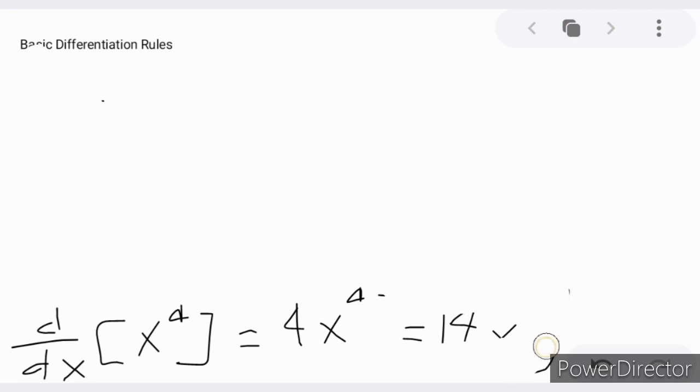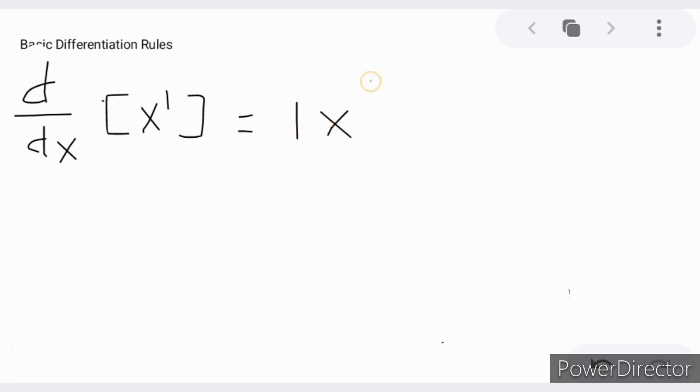Now, let's erase everything and proceed to our next rule. Here we write the convention d over dx, or the derivative of x raised to 1, or x itself.